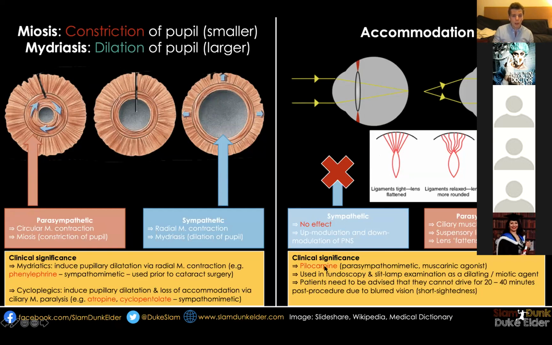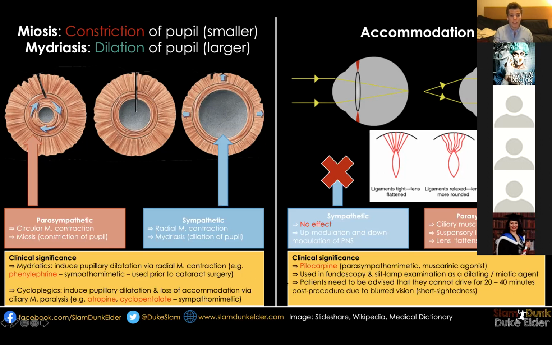The reason this is important clinically is because pilocarpine, which is a muscarinic agonist, is a mimicker of the parasympathetic nervous system. And we use pilocarpine to constrict pupils.